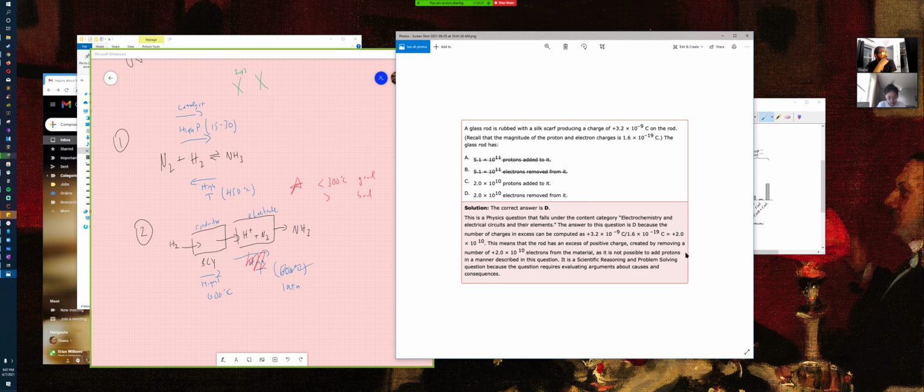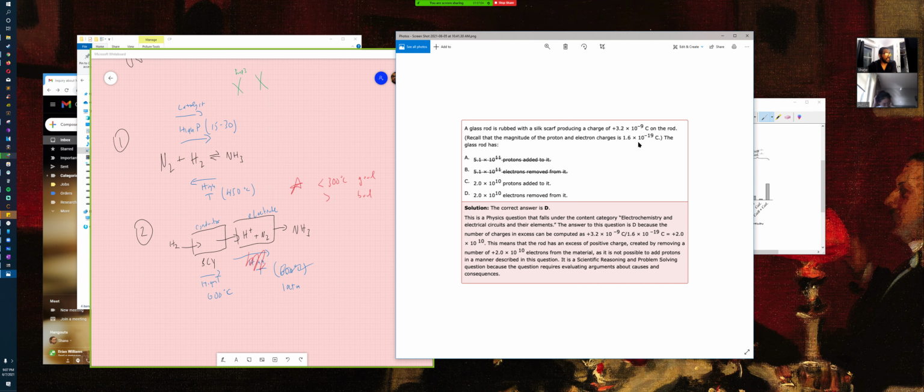It seems like it starts off neutral, right? Okay, so basically we're just going to divide its charge by the 1.61.